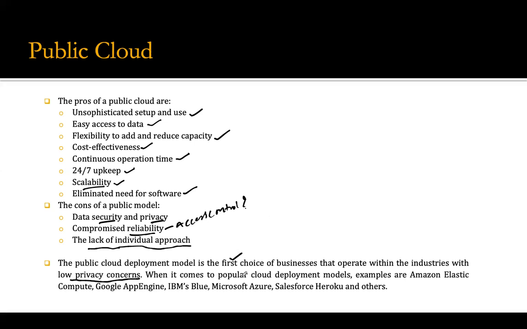Examples of popular cloud deployment models are Amazon Elastic Compute, Google App Engine, IBM Blue, Microsoft Azure, Salesforce, and Heroku. These are the examples of public cloud.